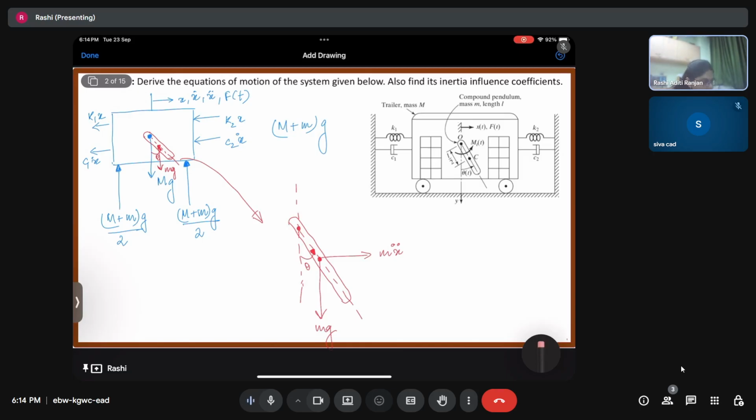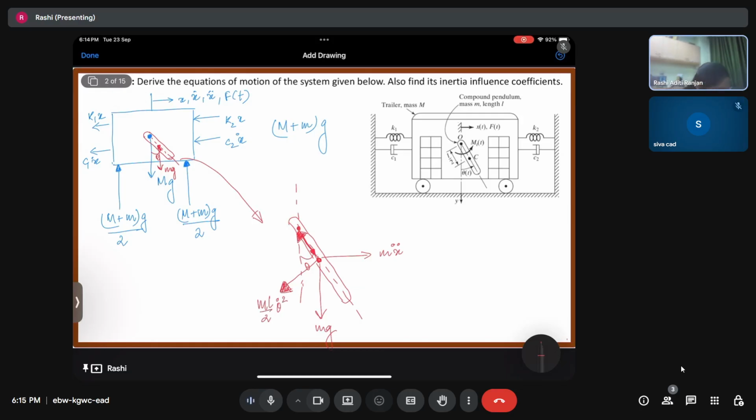Apart from that, we are going to have a force in the perpendicular direction and a force in the radial direction. The force in the radial direction is m L by 2 theta dot square.